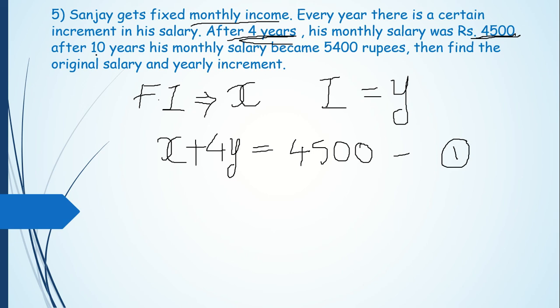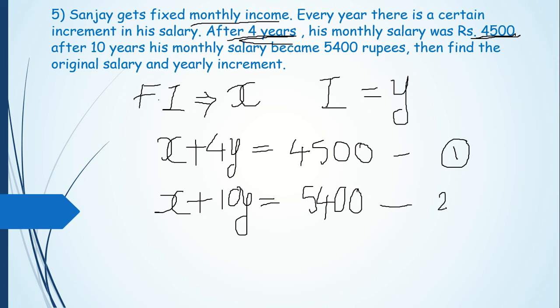And then after 10 years means he had the increment 10 times. So the fixed income remained the same, plus 10 times the increment, 10y, and the salary became 5,400. That's equation number 2.